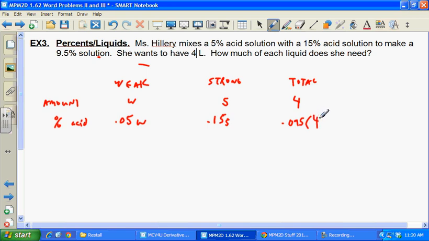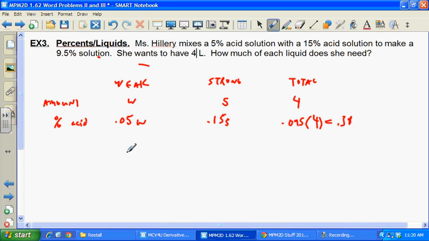Of the total, right? So I've got to multiply by the total amount of solution I want, and that gives me an answer of, jam that into a calculator, 0.38.